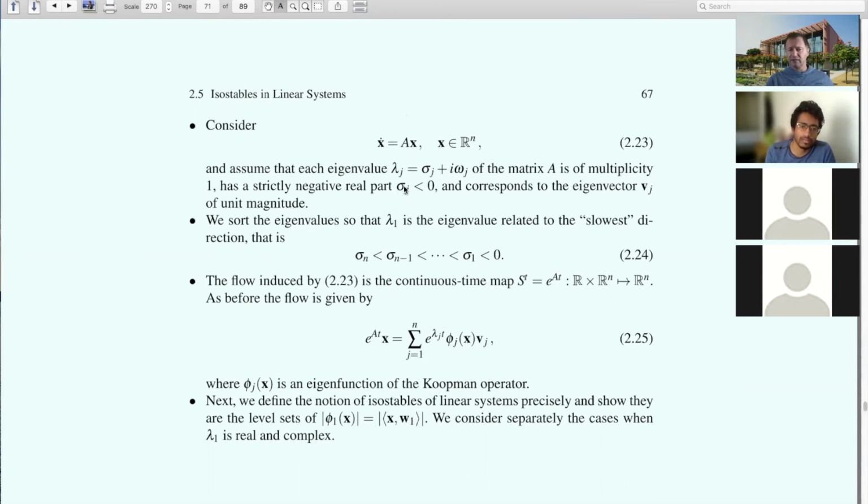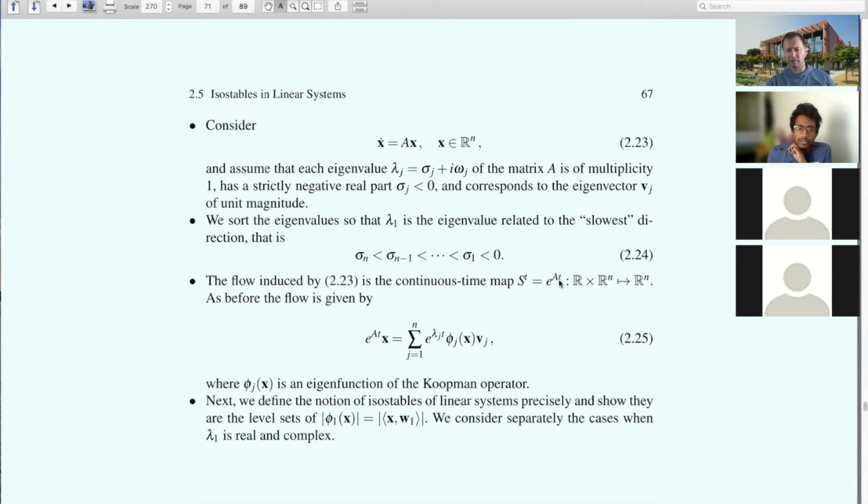We have a strictly negative real part, sigma_j less than 0, and we have an eigenvector associated with it of unit magnitude. So the real part is negative, so we have a stable system. The dynamics is going to take any initial condition towards a fixed point, and the flow is S_t equal to e to the lambda t, from R cross R^n.